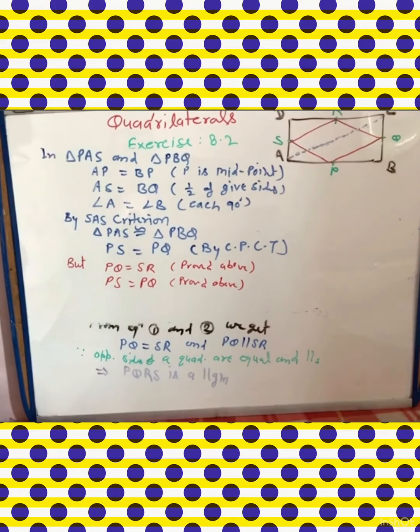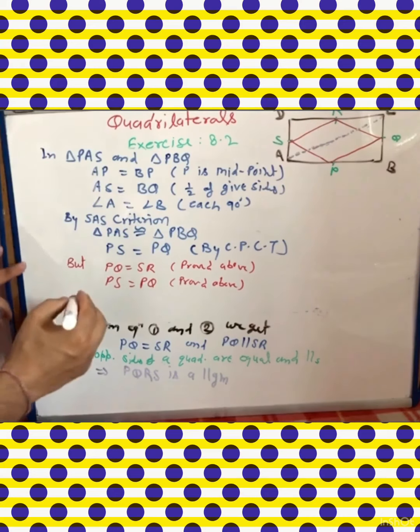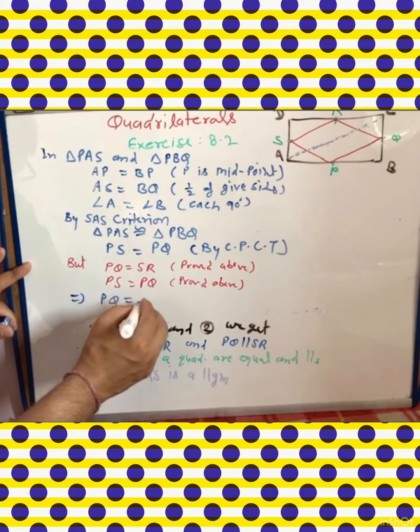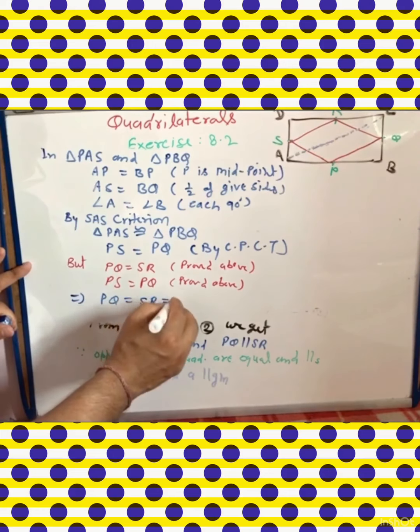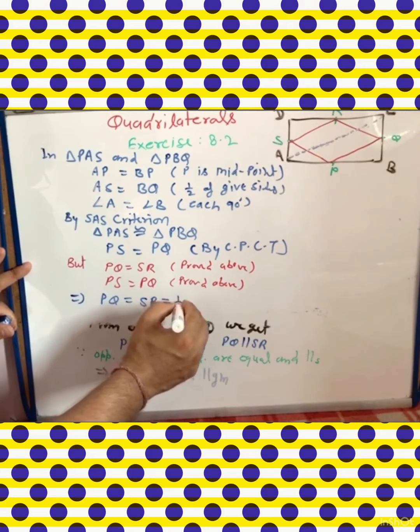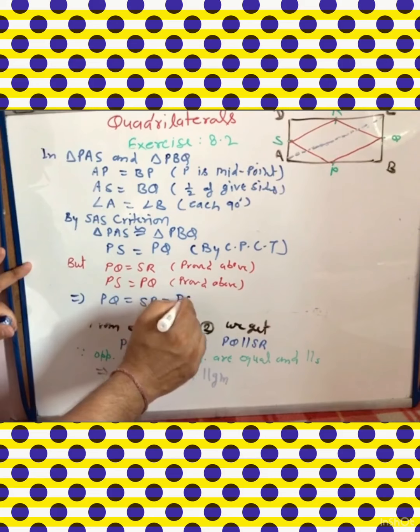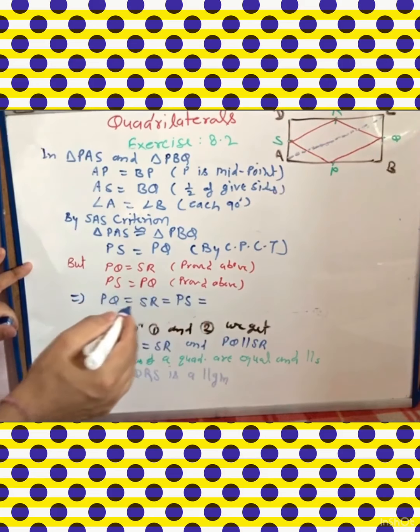Then you can say that all sides are equal, therefore you will get the result, that is, this implies that PQ equal to SR equal to PS and equal to RS.